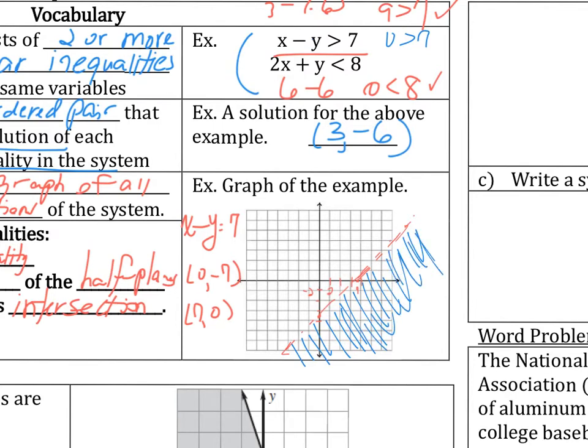Okay, now I need to graph the other one. So I'm going to let 2x plus y equal 8. And my x and y intercepts would be (0, 8) and (4, 0). 2, 4, 6, 8, and then 4 will go here. I can draw my graph.